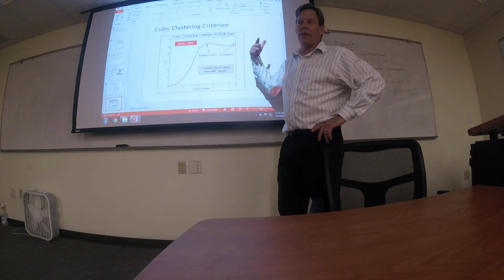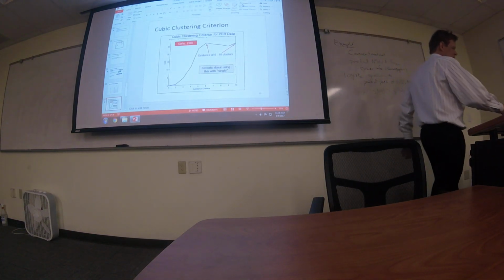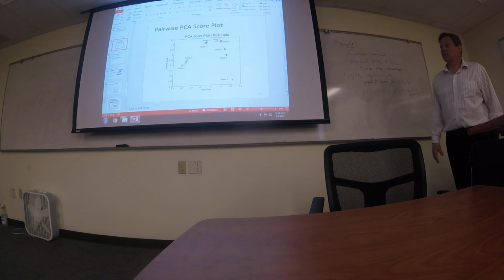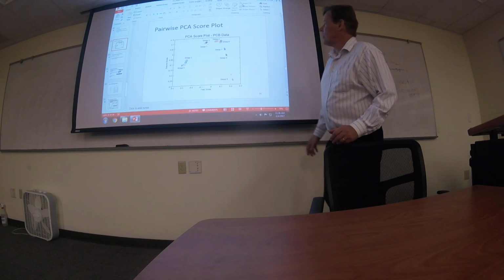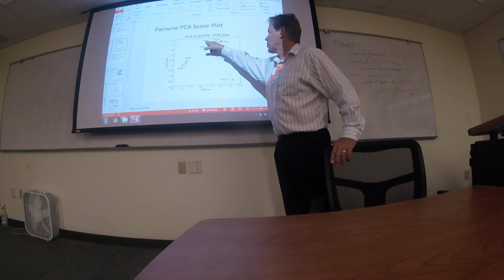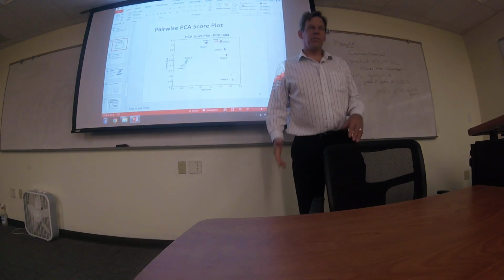We happen to know that there are probably, what is the, go back to this picture. How many clusters are in this data? 1, 2, 3, 4, 5. Maybe those grouped together 6, 7 maybe from the PCA.